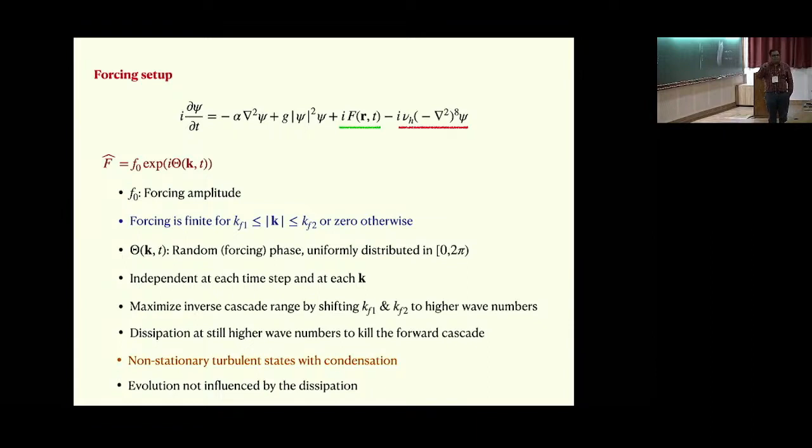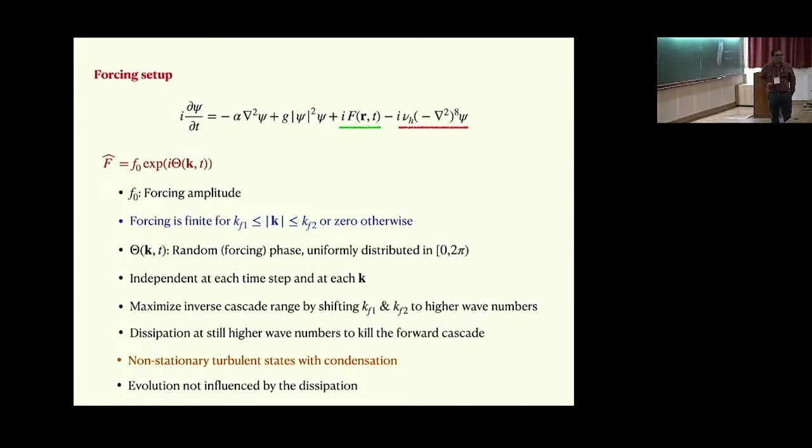We are going to introduce our forcing at very high wave numbers because we are interested in the inverse cascade setup. In Fourier space, I can write the forcing as F naught times exponential of i times theta, where F naught is the forcing amplitude. This forcing is active only in a thin shell between Kf1 and Kf2.